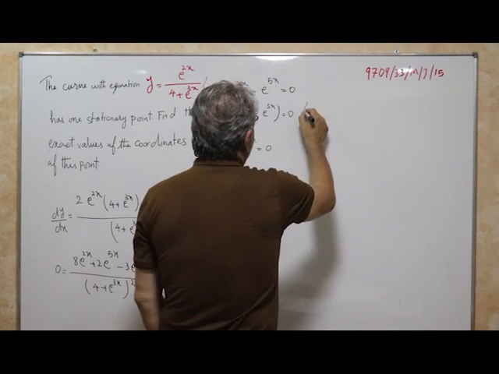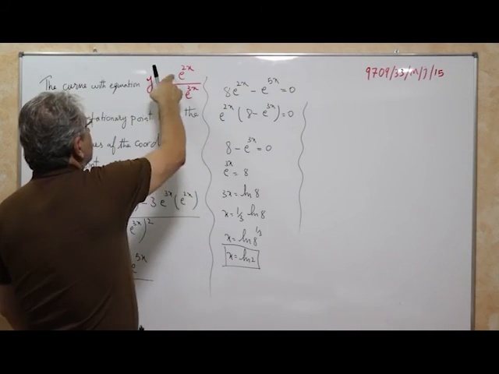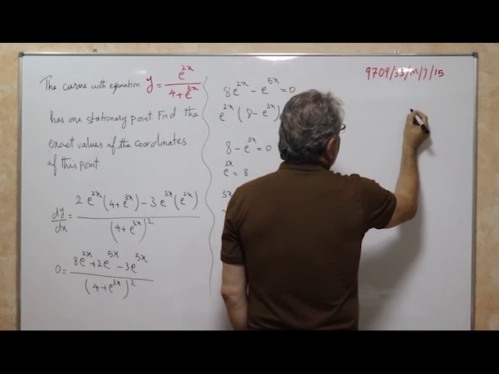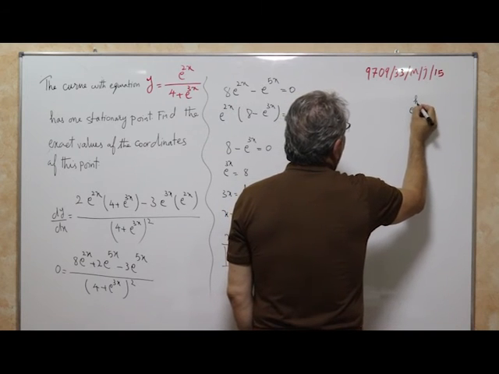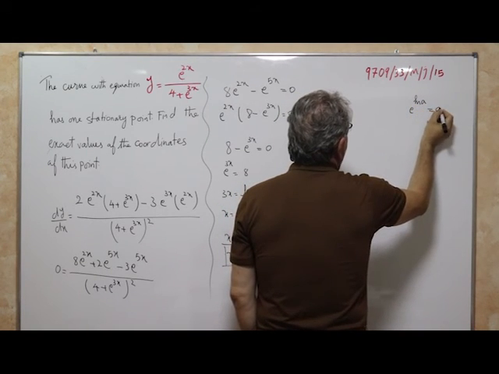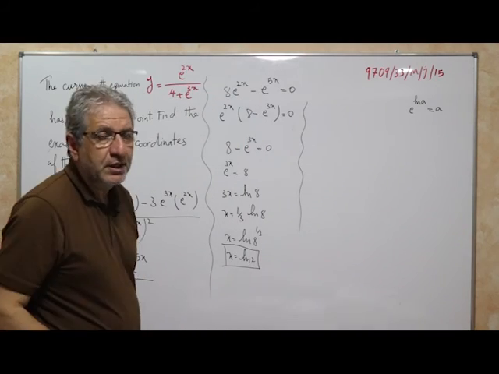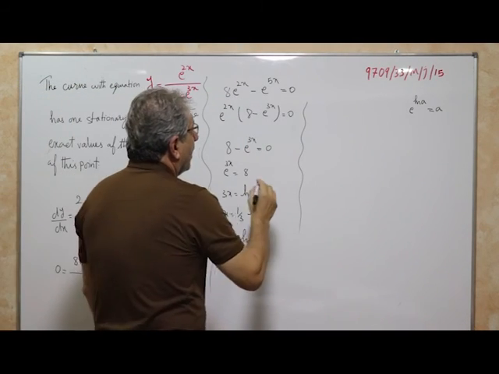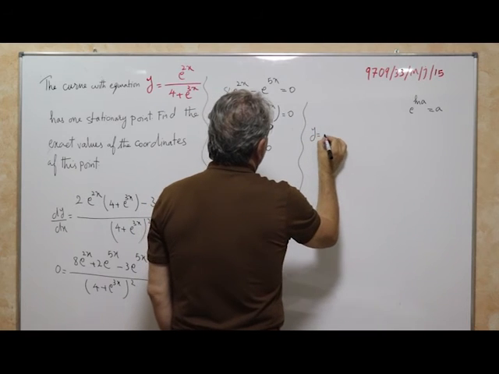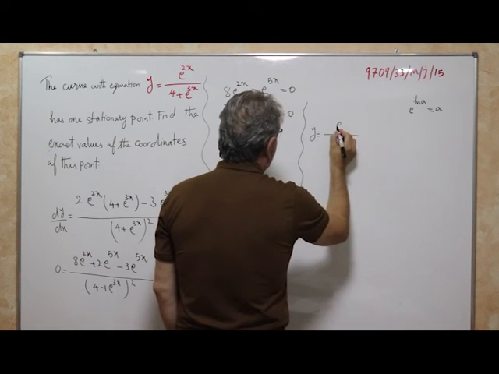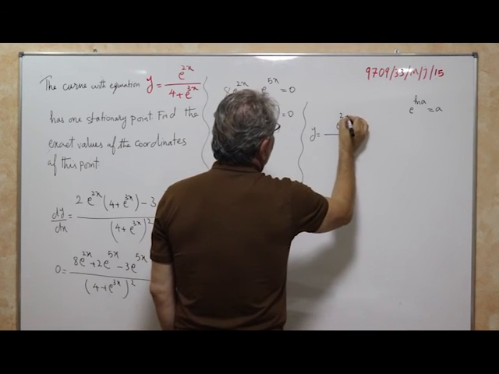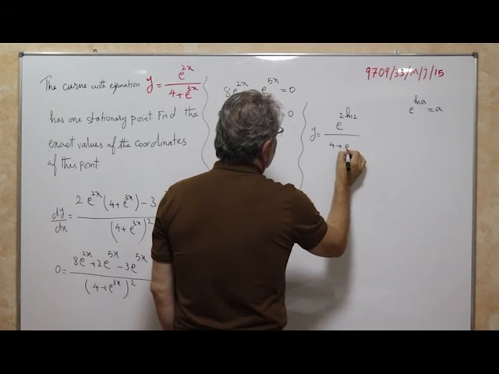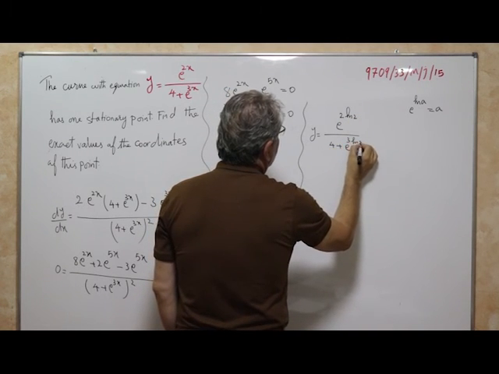Now, to find y, I have to substitute x here. But just to remind you, e to the power of ln a is actually a. I am using that fact. So y will be equal to e to the power of 2 ln 2 divided by 4 plus e to the power of 3 ln 2.